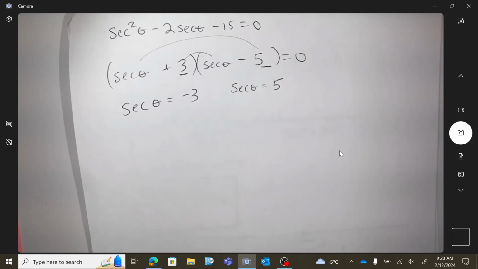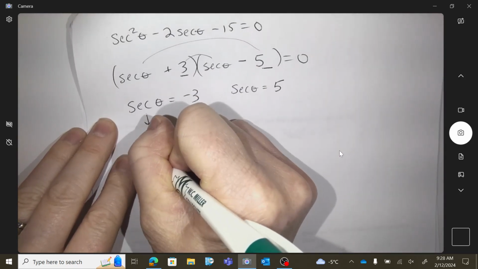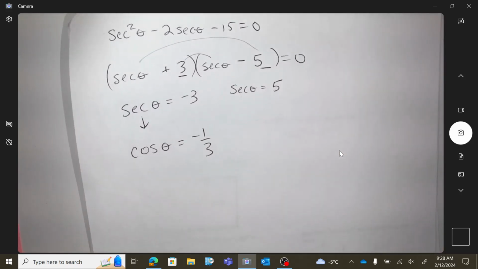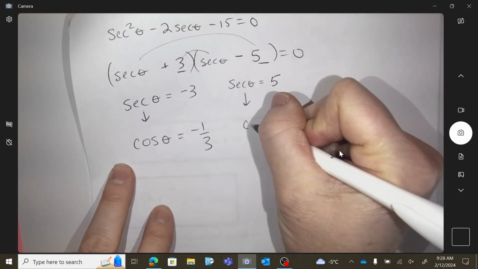We don't have a secant button. So what should we do with secant? Switch it to cos. So now we're going to write the cos theta, and then we're going to make the flip. So 1/3. And then we're going to do the same thing over here.